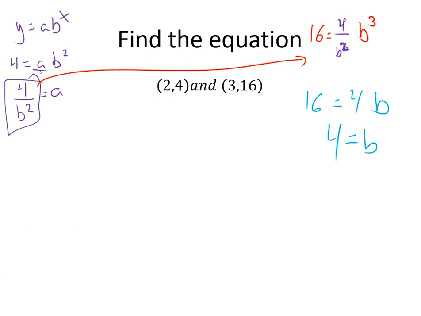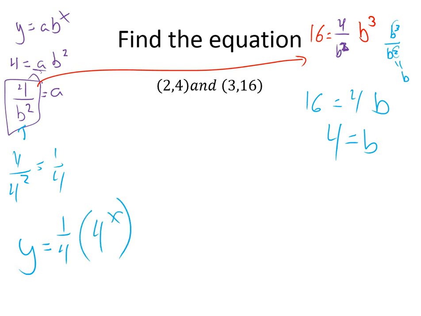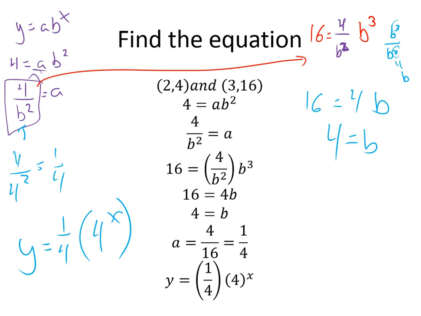Remember, when you take b cubed over b squared, that reduces down to just b. You subtract the exponents. Now we plug b equals 4 into here. So we have 4 over 4 squared, which gets us 1/4. So our answer is y is equal to 1/4 times 4 to the x, and that would be our equation.